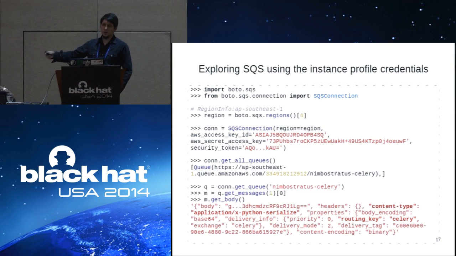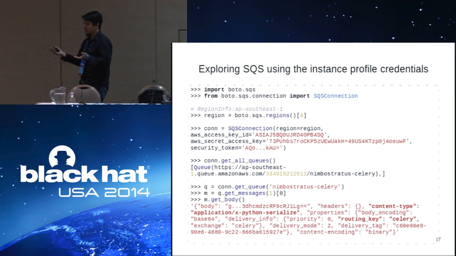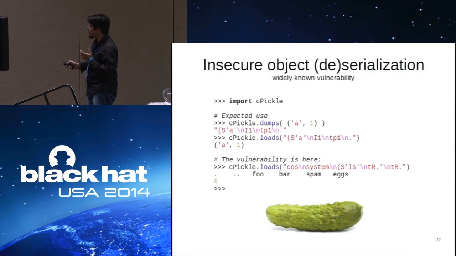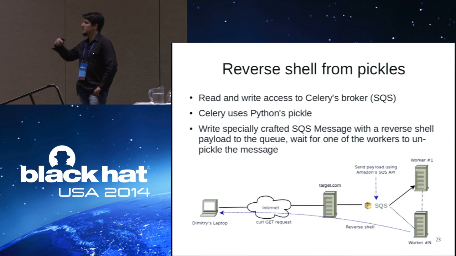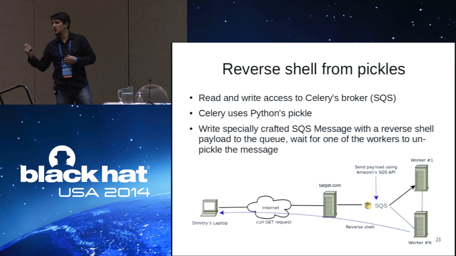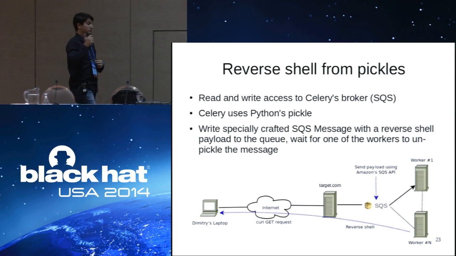If you dive a little bit into the Celery source code, you're going to find that it's Pickle. So perfect. If I write something in a custom format to the SQS queue, which I can do, this guy is going to deserialize it, and if it's in the right format, I'm going to be executing arbitrary commands in the worker. Perfect.